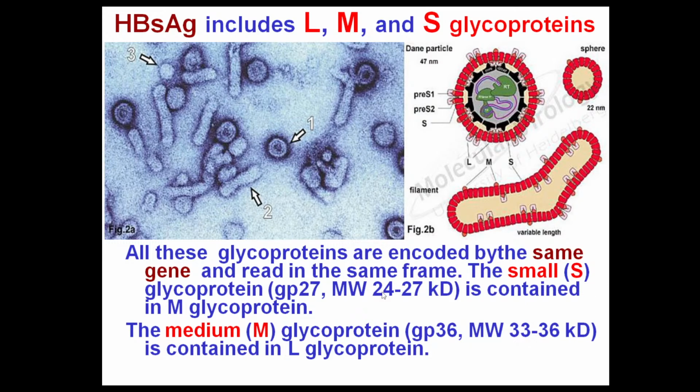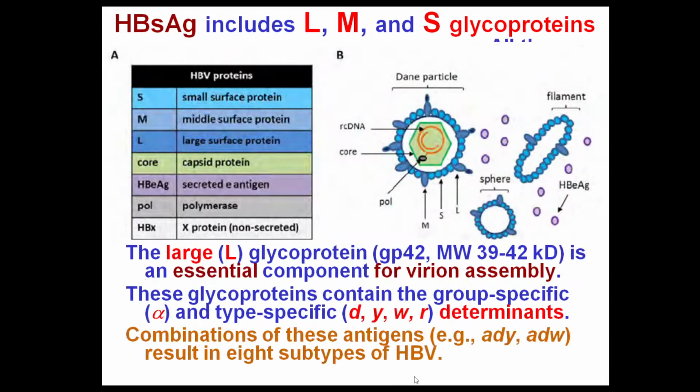The small glycoprotein is contained in the M glycoprotein, and the M glycoprotein is larger and is contained in the L glycoprotein. So we will see it right now. See? In the Dane particle, we can have M, S, and L glycoproteins.